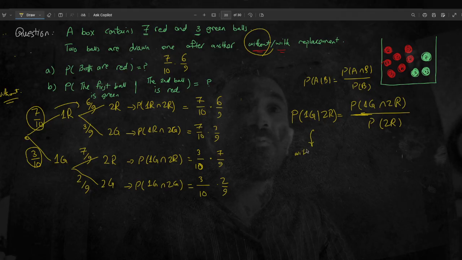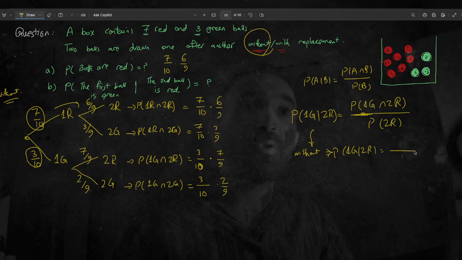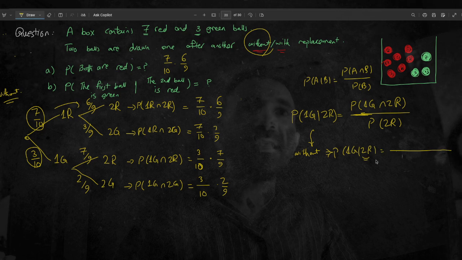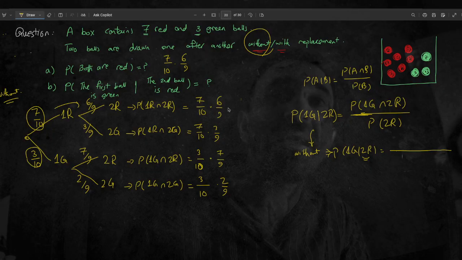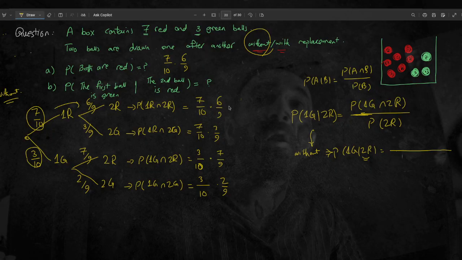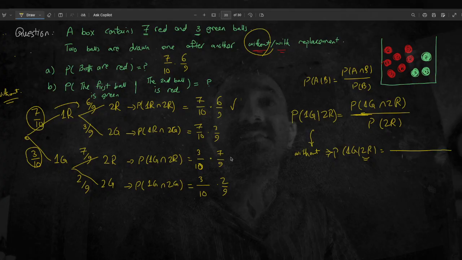Now let's do it for the case of without replacement. So in this case, probability of one green and second one red equals, let's write it here. Okay, so let's talk about the denominator. Can you tell me out of these four cases, in how many cases the second ball is red? Do you agree with me that in the first and the third case, the second ball is red?